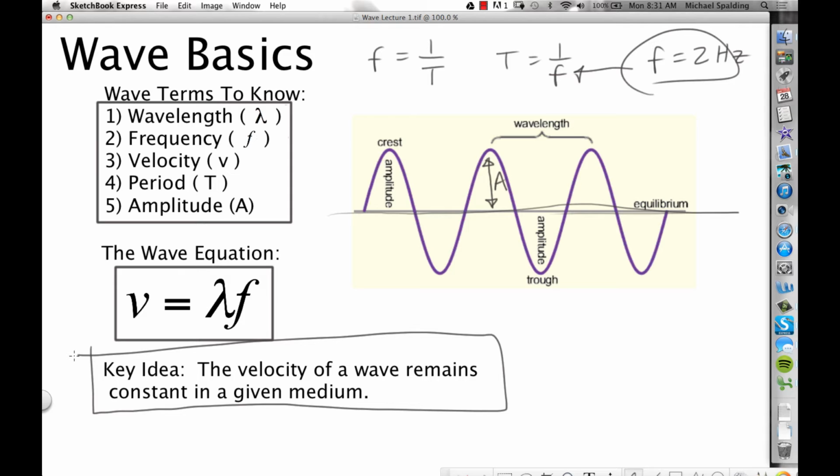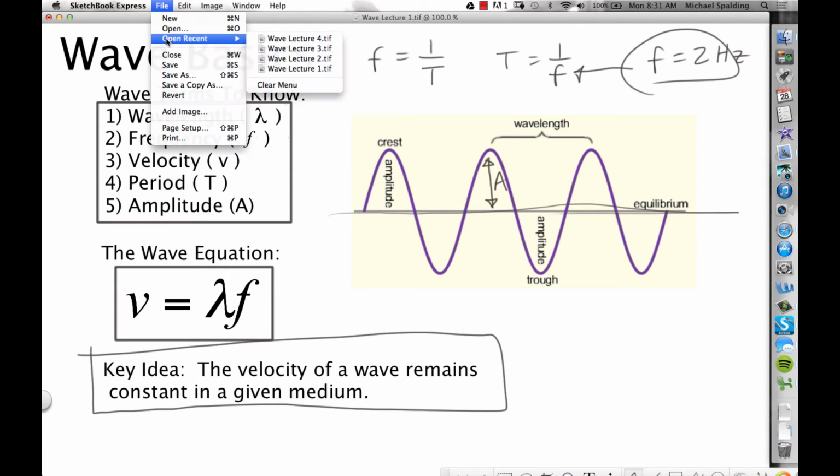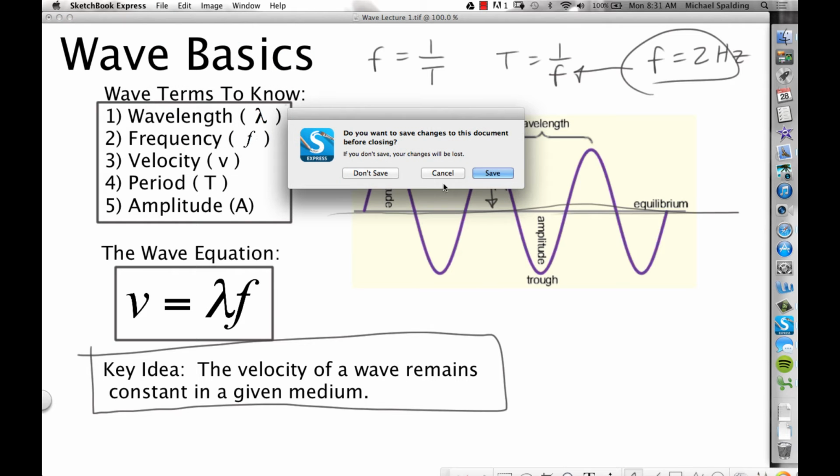Would that be a change of medium? Yeah, and then the velocity changes. But if you're talking about light in air, it doesn't matter if you're talking about red light, blue light, green light. All light travels at the same speed in a given medium. Okay? All right. Next page.